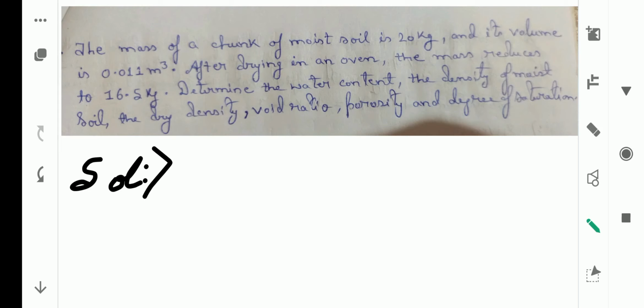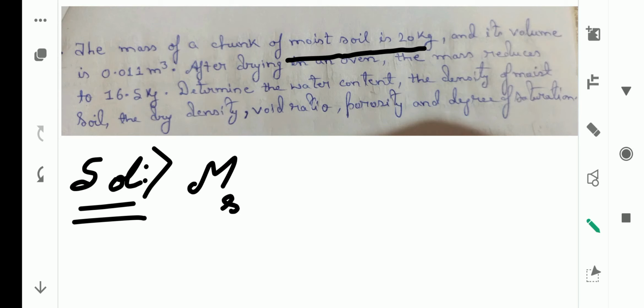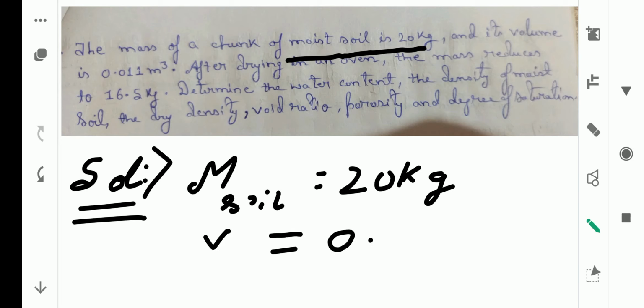First of all, what is required? Let us write all the data that has been provided to us. Mass of soil has been given, that is m of the soil, as 20 kg. Also the volume of the soil has been given as 0.011 meter cube.